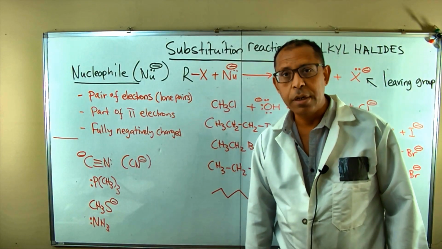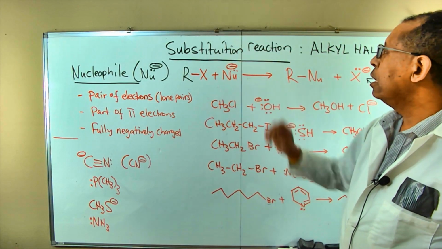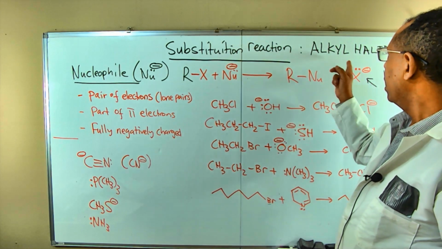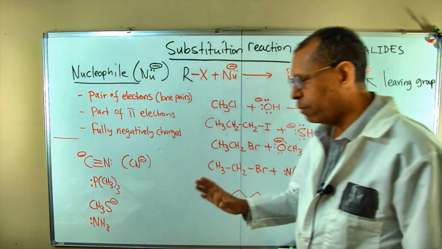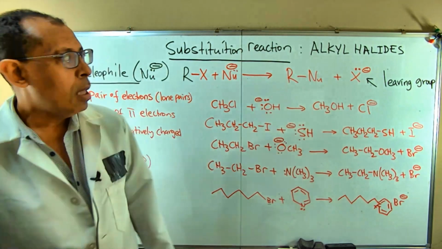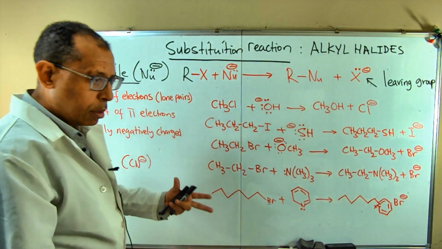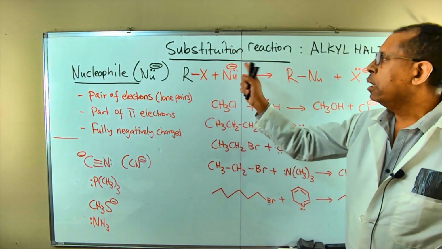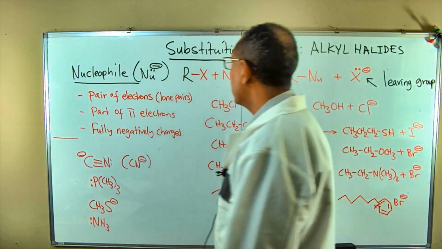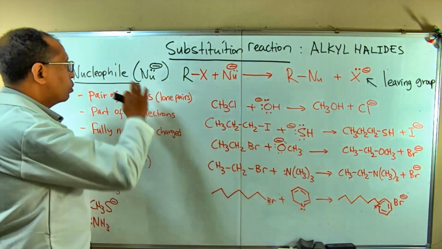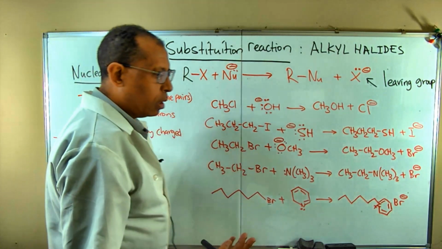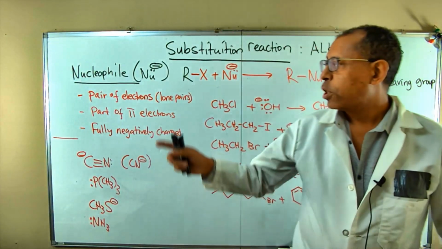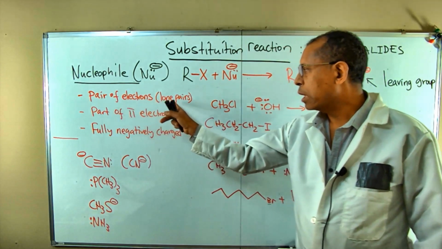Continuing our studies or discussions on substitution reaction with alkyl halides, one of the most important reagents or reactants that are seen in substitution reaction are nucleophiles. First, what are nucleophiles? Nucleophiles are substances that have a pair of electrons.